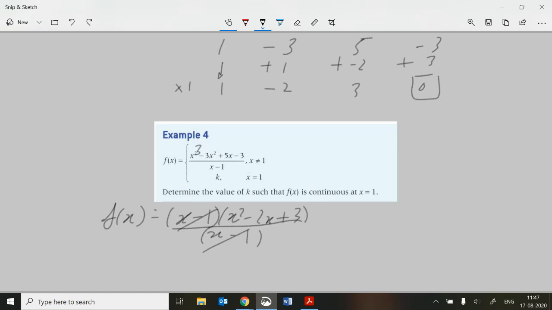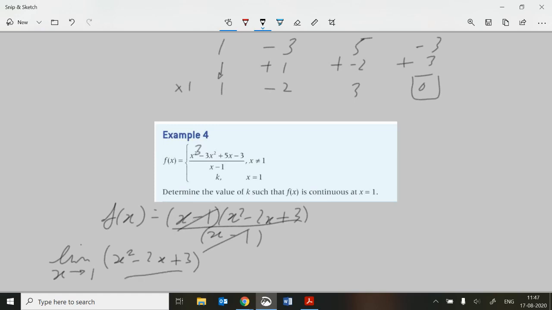Now we can look at our limit. So we can say, what's our limit as x tends to 1 in this case? As x tends to 1, this function is the same as if we divide by this and this, and we're allowed to do that because x is not actually equal to 1.